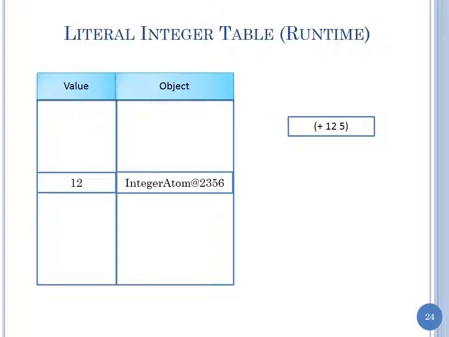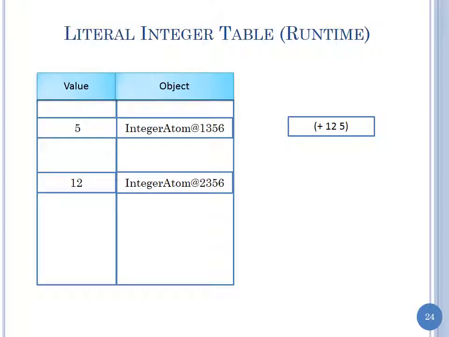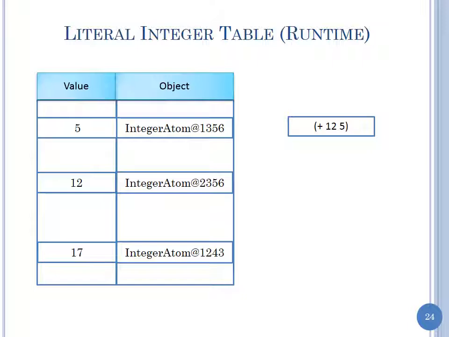I can keep a table where the value 12 is the index, and the atom that encapsulates it is the object that I'm storing in the table. So I've got 12 that I've referenced. If I need 12 again, I've got this atom here that I can look up. 5, similar thing we can do. That's going to compute 17, so I can put that in the table also.